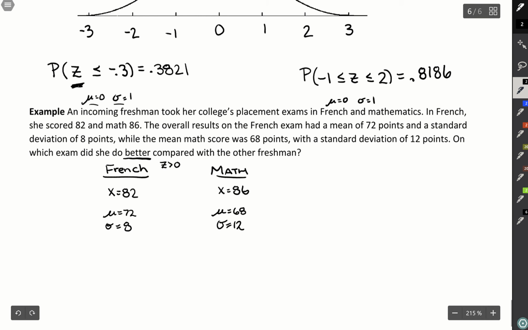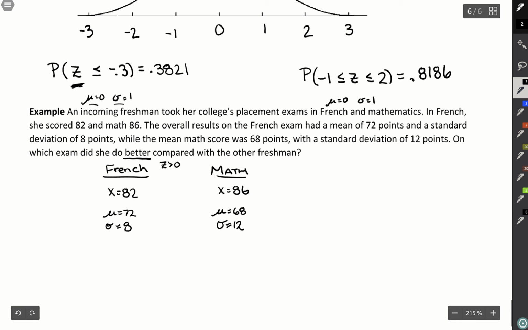Comparing 82 to 86, it looks like that math score is better, but something we need to take into account, first we can start with the averages, which the French test has a higher average, so that doesn't necessarily make that 82 any stronger, whereas the math test actually has a very low average compared to what she scored. So just comparing that, it looks like this math score is going to win because it's so far away.